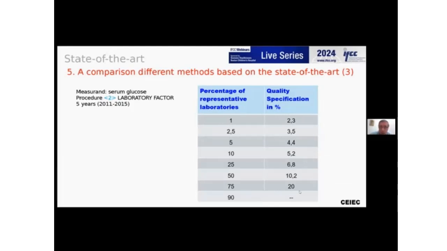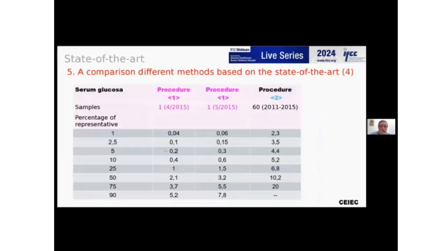methodology. If we also compare the value of the state of the art, for example, for different magnitudes, versus what we call the minimum consensus specifications, which is the maximum total error that 90% of the laboratories can achieve when processing 75% of the samples.